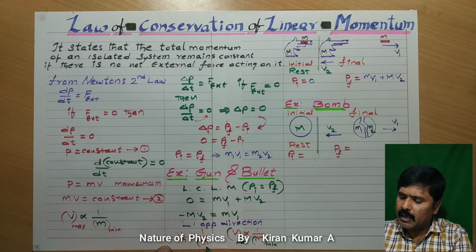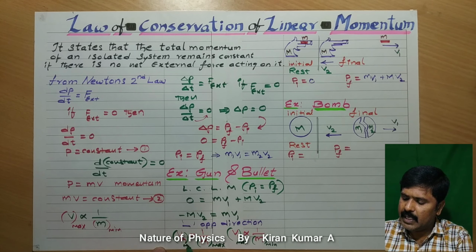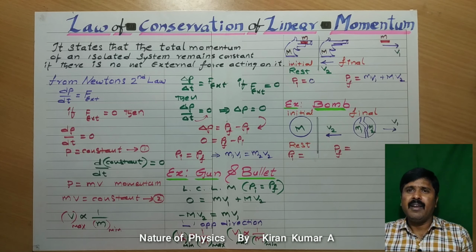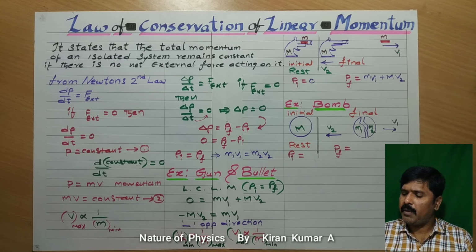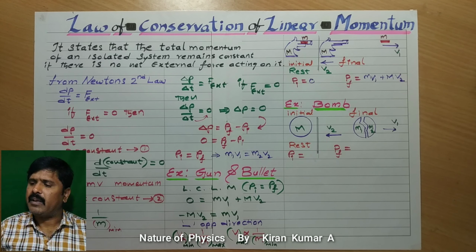Here the gun mass is maximum, so the gun velocity is minimum, in the backward direction. So action and reaction, Newton's third law, obey the law of conservation of linear momentum, students.